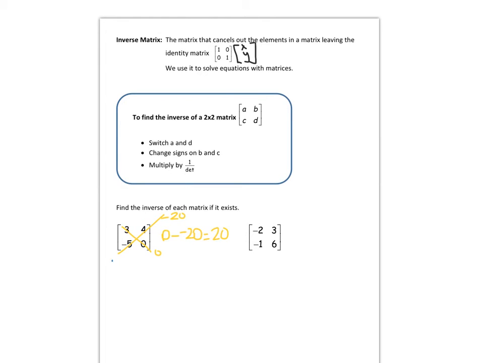All right, so I'm going to have to do 1 over 20 times my new switched around matrix. So A and D switch spots. The 3 goes to the bottom right. The 0 comes up to the top. The 4 and the 5 change signs. So 4 becomes negative 4. Negative 5 becomes positive 5.